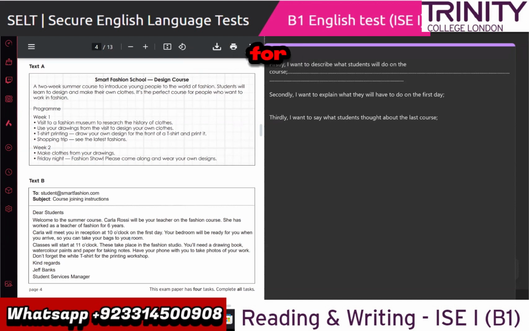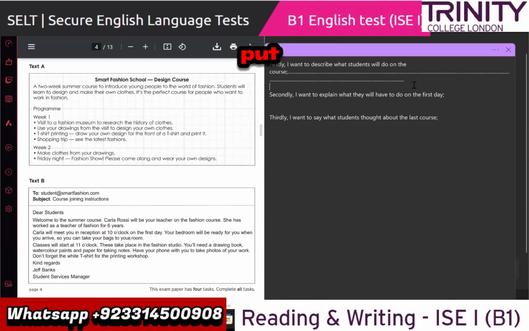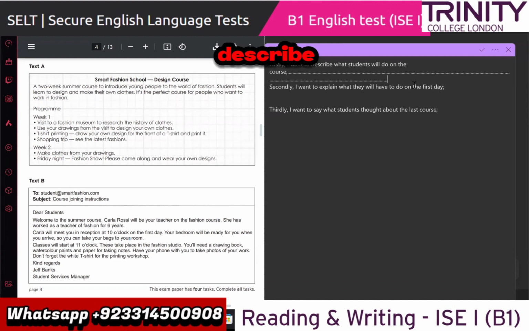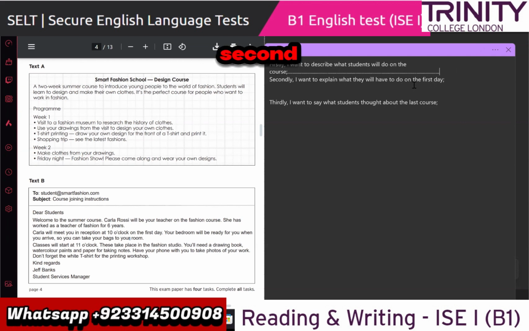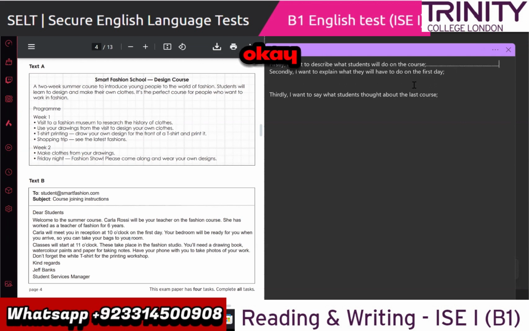Now I'll write this for you guys, what to put in here. Firstly, I want to describe what... Ma'am, my secondly is okay. Secondly is also not okay. We have to write 100 words, sir, 100 to 130 words. Okay, first of all, students will learn to design and make their own clothes, right?